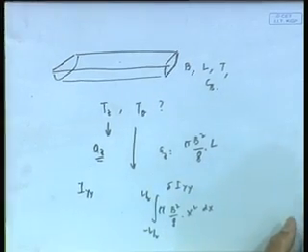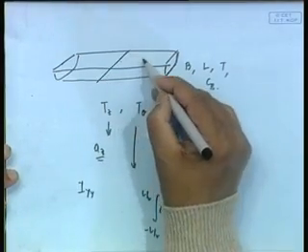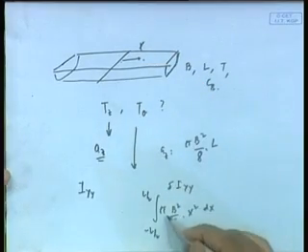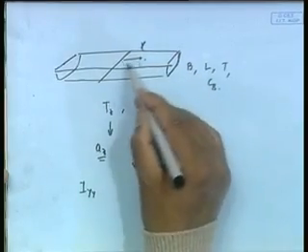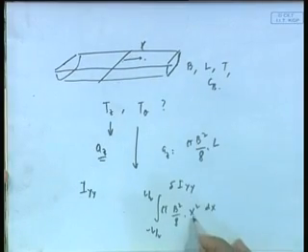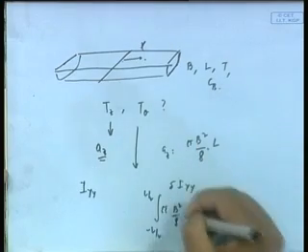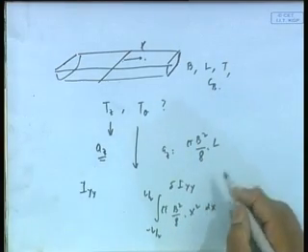This you agree? Because take any section, distance x, sectional added mass is pi B square by 8, into x square, integrate that, actually it will be x cube by 3, and if you work it out you will find L cube by root 12 or something, very easy.